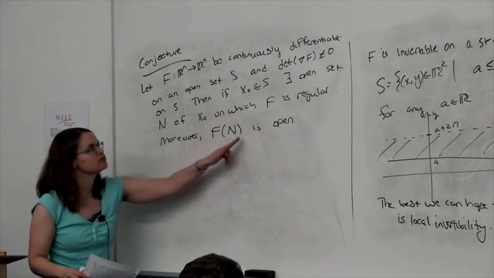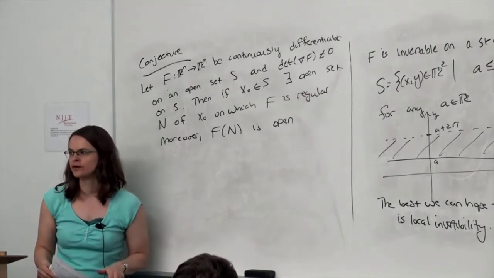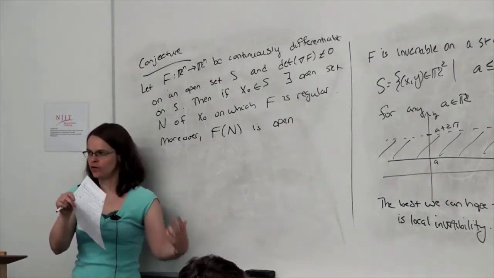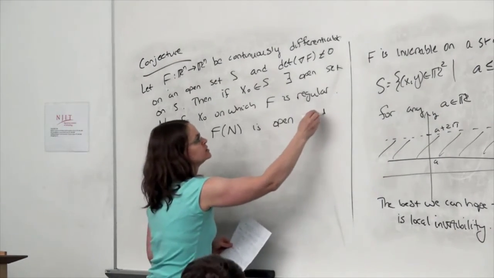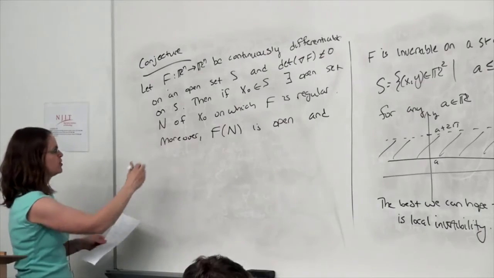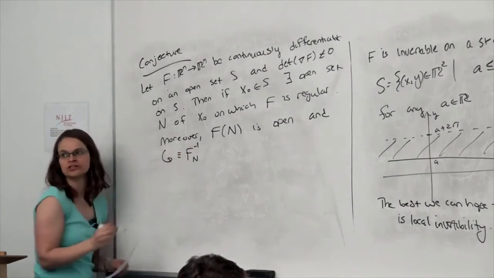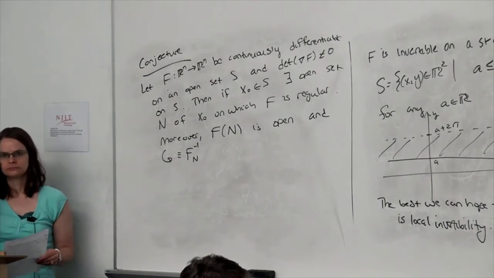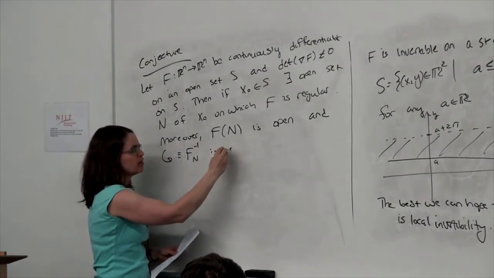Okay, this is going to become the domain for my inverse function. So all that I'm asking for now is that I have a nice domain for my inverse function, has volume, takes up space. And I want to be able to say that my inverse function is also nicely behaved. So g is going to be the inverse of f restricted to this set. This has all the nice properties too.